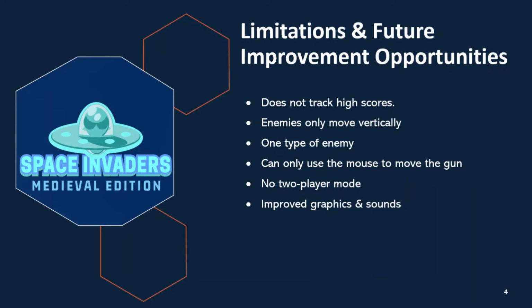There's only single-player mode at the moment, so maybe adding a two-player mode would be good. I have to think about how that would work in this game, but that would be another nice thing to have. And of course, improving the graphics and the sounds that the game currently has would be another addition.